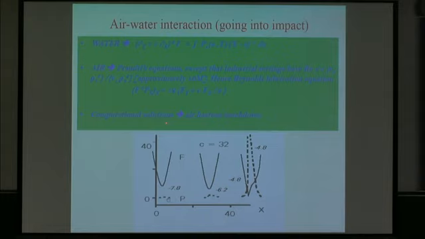Computations are shown here for a particular case. This is C is 32. The shape F starts as a parabola at a scaled time of minus 7.8. So that's the sort of incident condition. The pressure response is hardly there at all, pressure at the wall. So the air feedback is negligible.